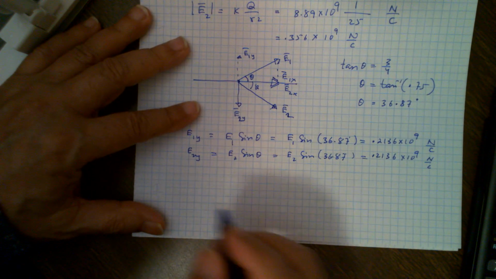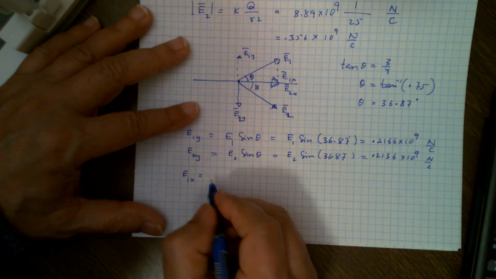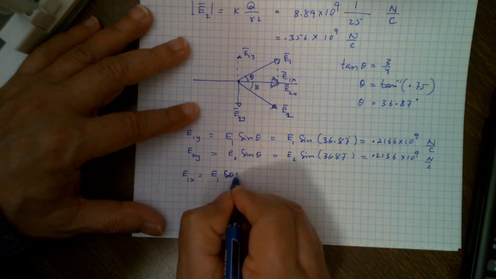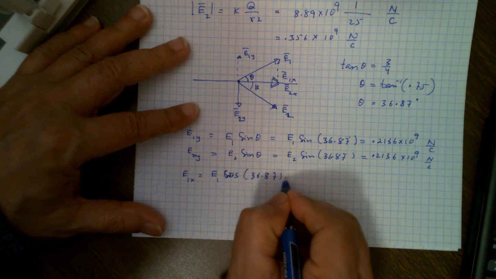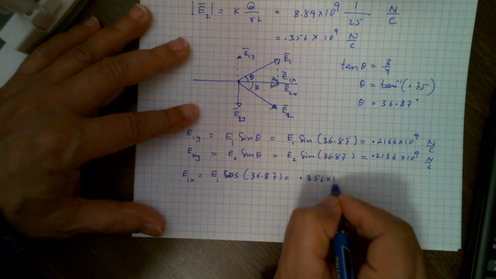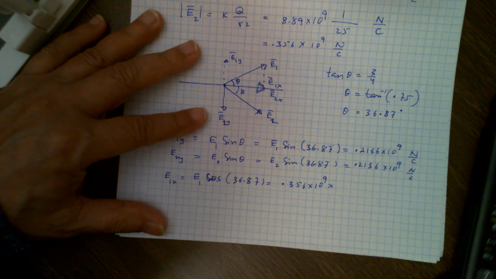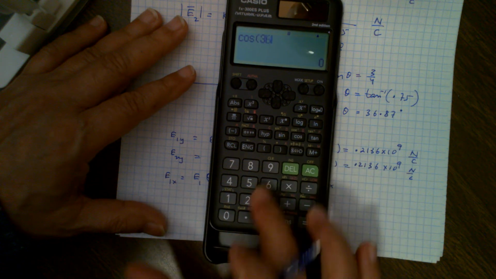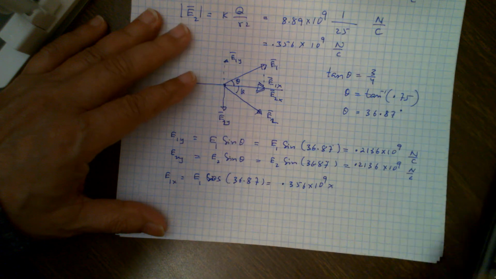So let's see that. E1x is equal to E1 cosine 36.87, where E1 is 0.356 times 10 to the power 9. Cosine 36.87 is 0.8.